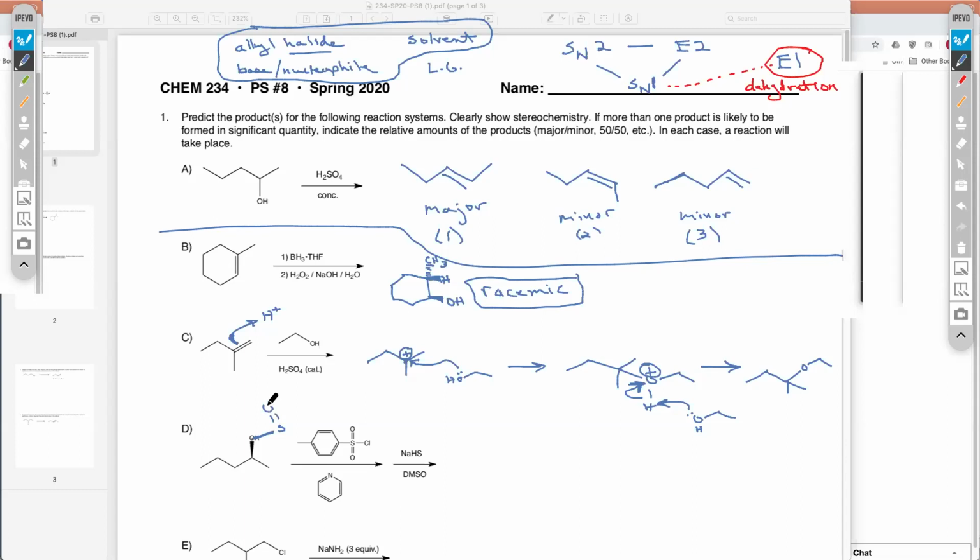We'd have this as our good leaving group. So again, just this S has replaced the H. This is a good leaving group. HS minus would come in, do a backside attack, kick that out. And so what we would wind up with here then is this thiol.